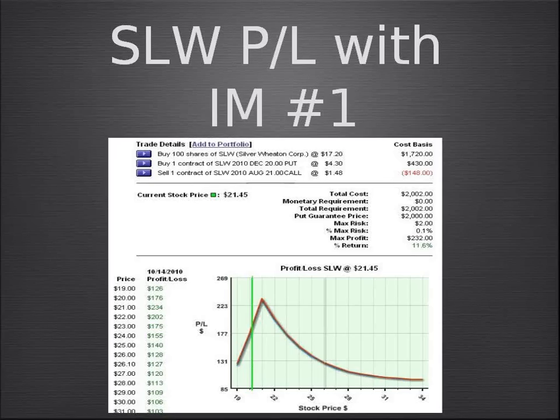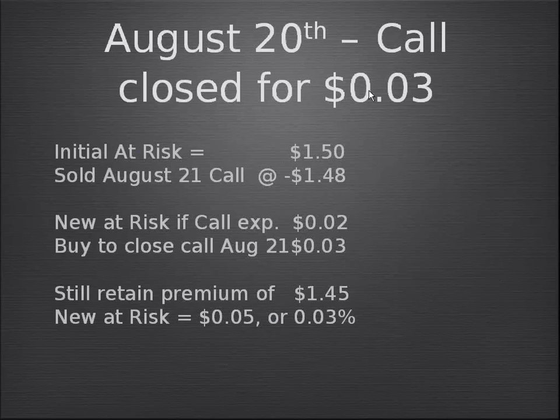We were risking only that $2 per share, and we had a potential gain of 11.6% if the stock was trading right at 21 at expiration. And this was, remember, August expiration.